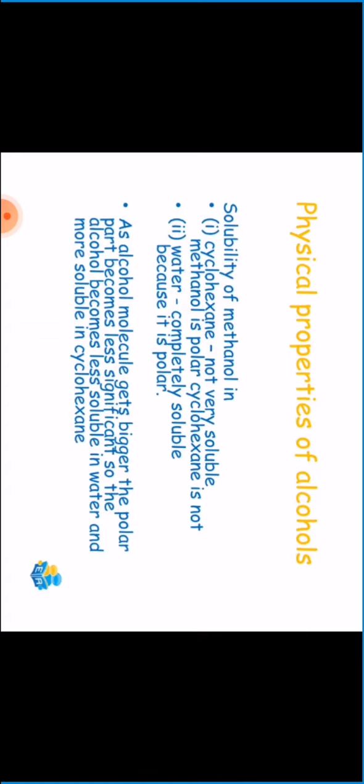The next physical property that we're going to look at is solubility. The first thing we'll look at is the solubility of methanol. In cyclohexane, methanol is not very soluble, and that is because methanol is polar and cyclohexane is not.